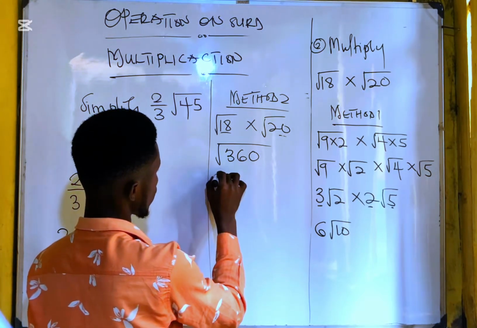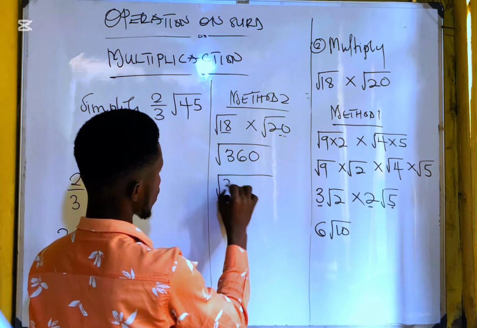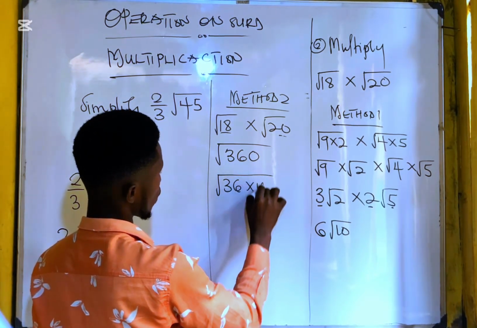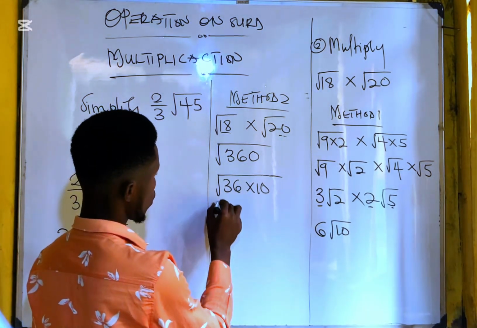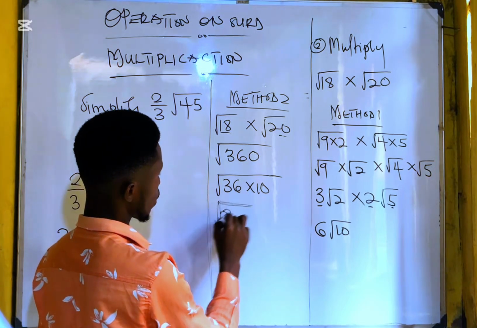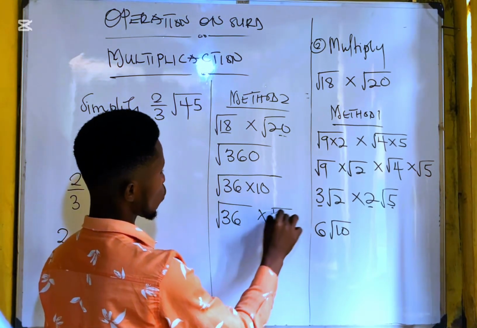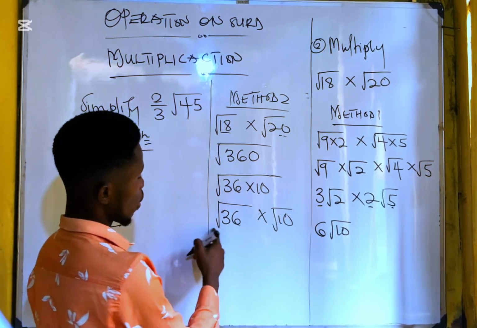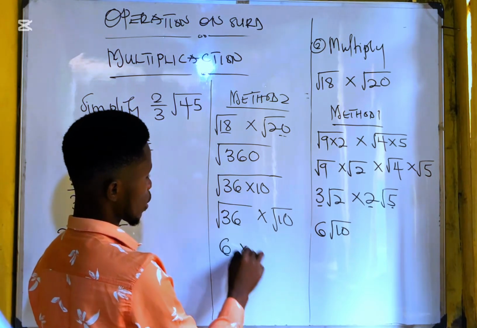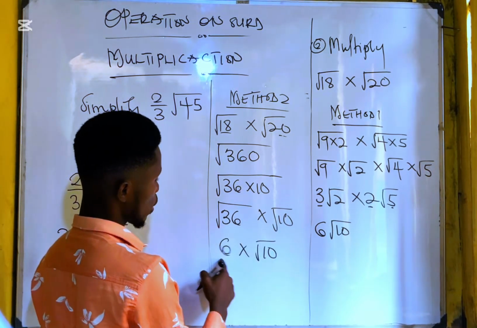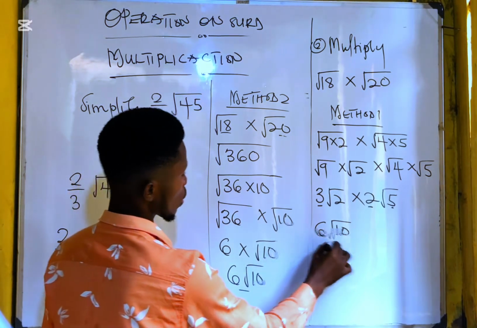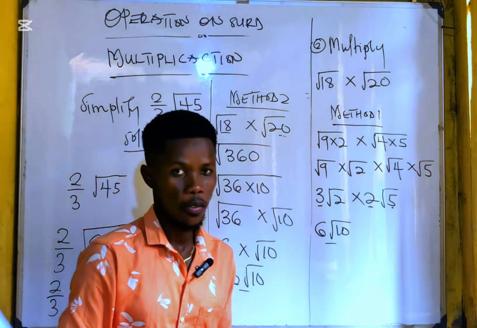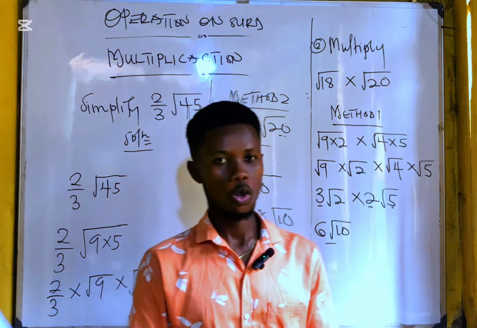So we know that this 360 can be written as 36 times 10. 36 times 10 will give you what? 360. So in this case, you can have root 36 times root of 10. Now what is root 36? It is 6 times root 10. 6 root 10. So you see this and that are the same. So you have a lot of ways of solving it.